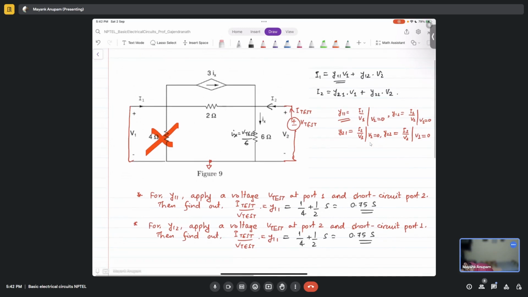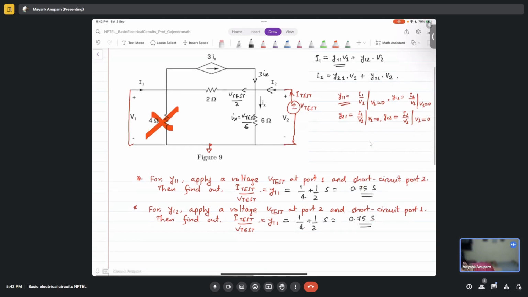I test is Ix minus 3Ix, and there will also be a current going through the 2 ohm. What is this current? V test upon 2, right? Yes, sir. And what is this current? This is 3Ix. So what is I test?